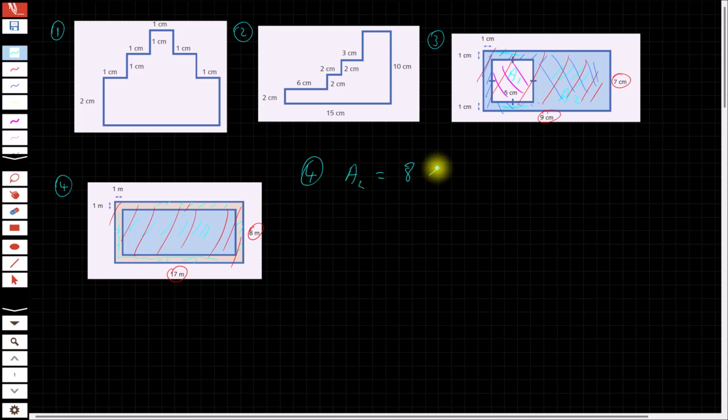It equals 8 times 17. So that is 136 meters squared. And let's see if we can calculate the area of the inner rectangle, the smaller rectangle.